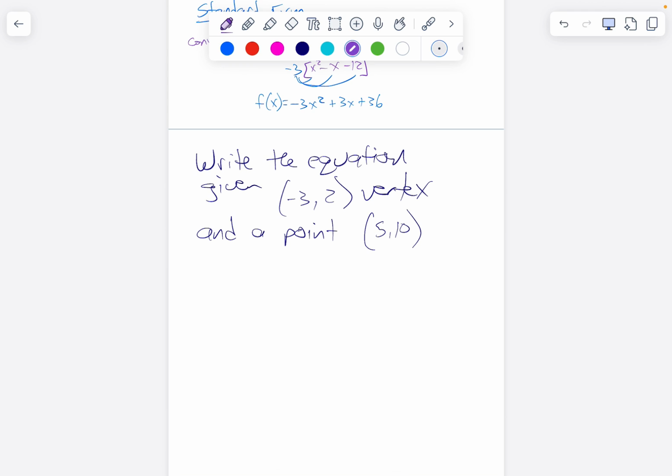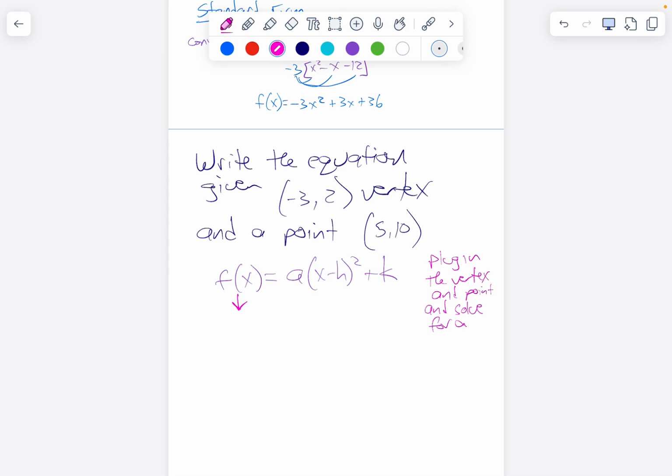Well, we're given the vertex. So what should we use? Yeah. And then, is that all you were going to say? Yeah, good. So plug in the vertex and point and solve for A.